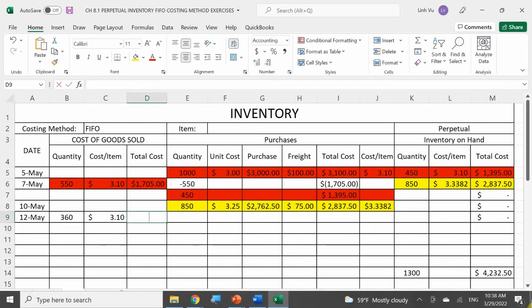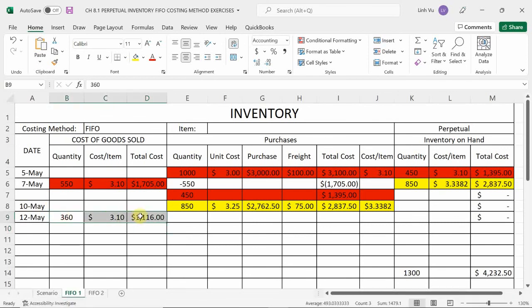So in this case, I need to figure out what my cost of goods sold is. 360 at $3.10 is going to give me $1,116.